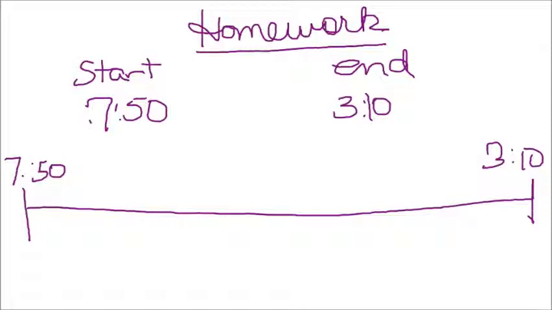I want you to just tell me how much time passed for one thing that you did. Maybe it's just a couple of minutes, or maybe it's a couple of hours. It just depends. Maybe you went to the grocery store tonight, and tell me how long it took you to get to the grocery store, or how long you were gone. So find one event, and then figure out how much time has passed.